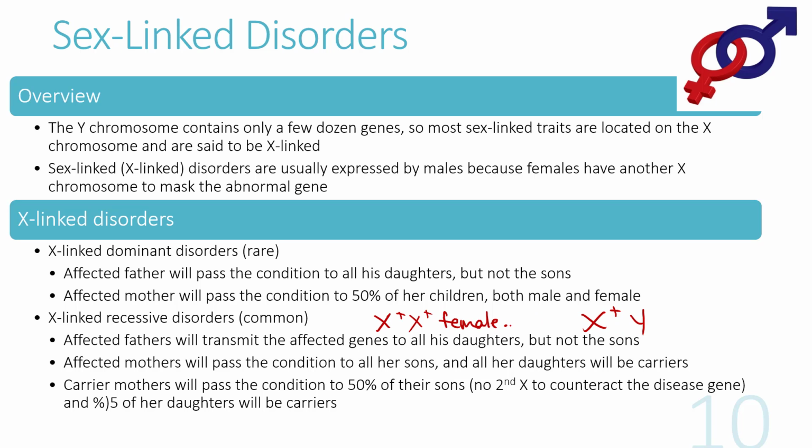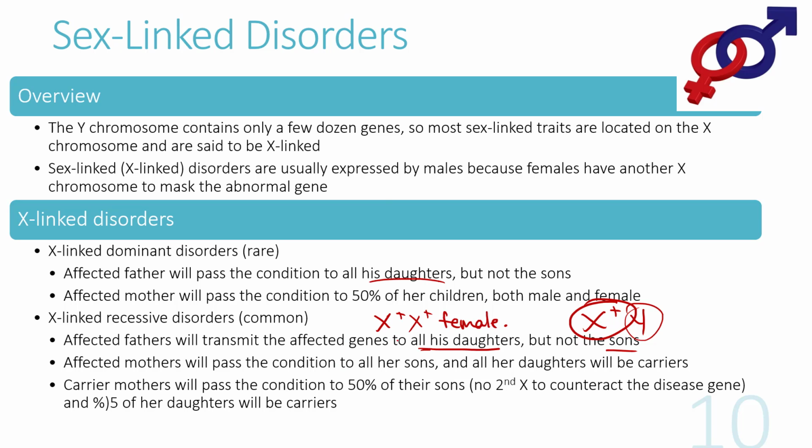So these are people with X-linked recessive conditions. Affected fathers will again transmit the condition to all his daughters, because the single X gene that he has is affected, but not the sons, because the son gets the normal Y gene.